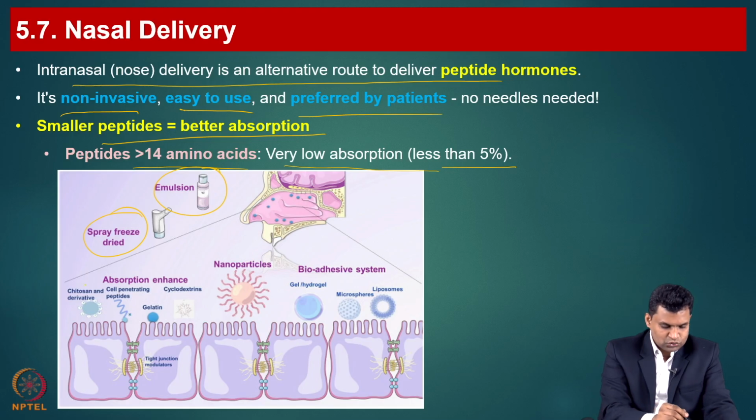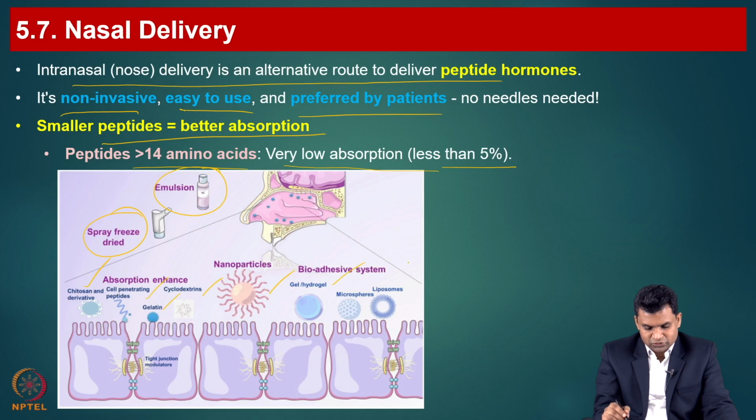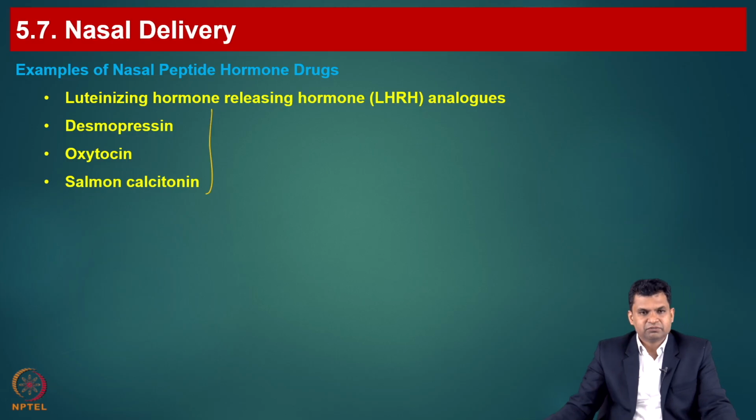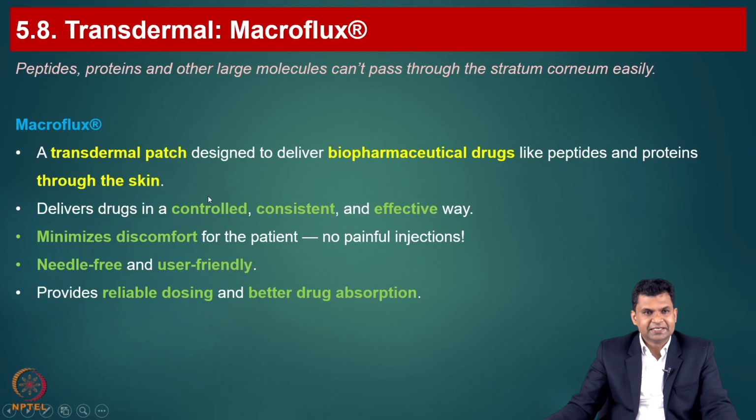We can use chitosan derivatives, cell penetrating peptides, cyclodextrin, gelatin, nanoparticles, hydrogels, microspheres and liposomes. These are some of the molecules we can use for intranasal delivery.